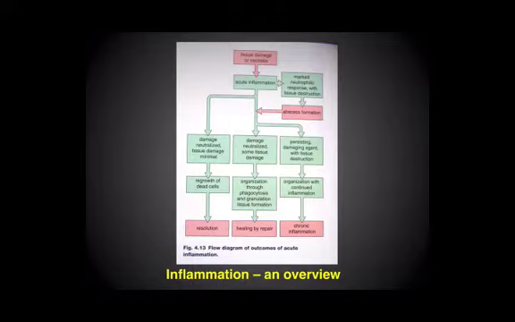We can now revisit this diagram that we showed earlier on, which looks at the sequelae, if you like, of the inflammatory response, and we've discussed how this is characterised by vascular changes, cellular migration changes, and so on.